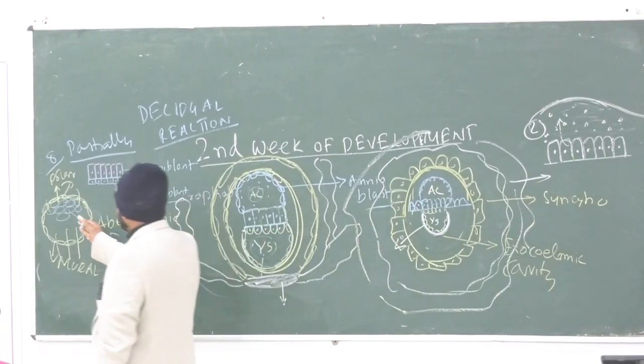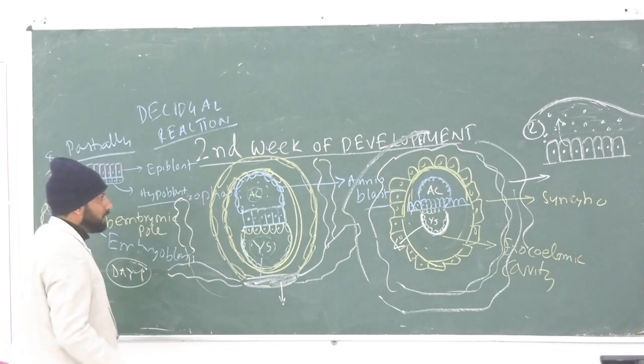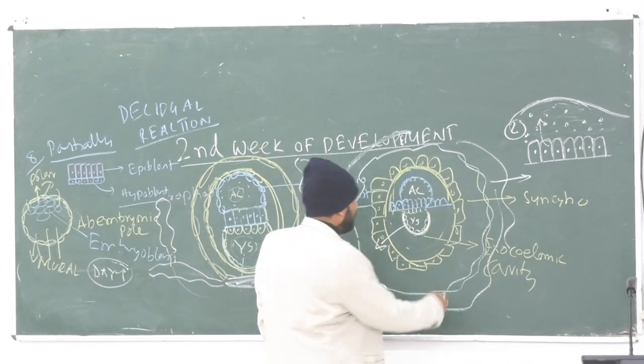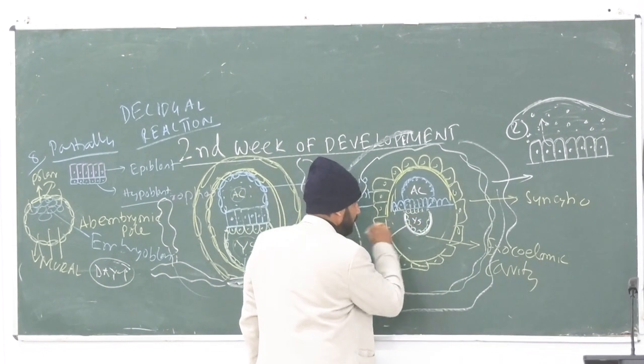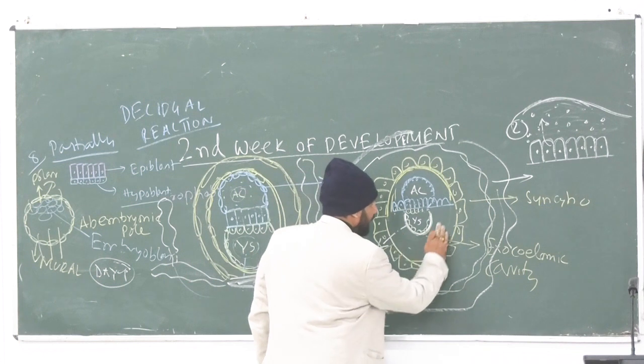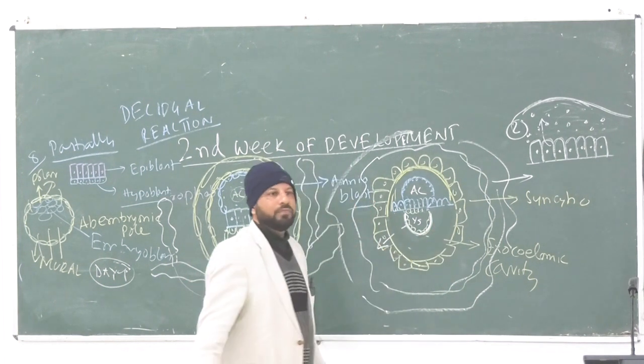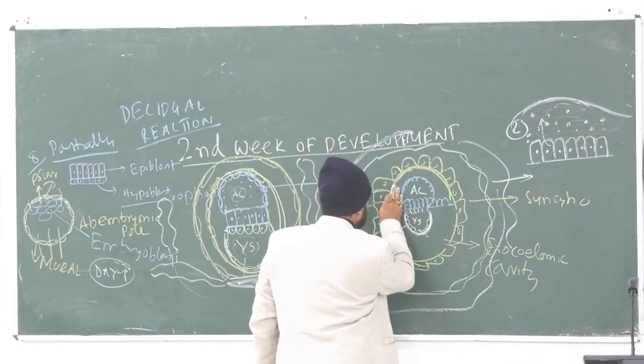This embryoblast, epiblast and hypoblast, two cavities is there, amniotic cavity and yolk sac, এবং ওই সময় যে এক্সোসিলোমিক মেমব্রেন তৈরি হলো, এই ক্যাভিটিটাকে আমরা কি বলবো?